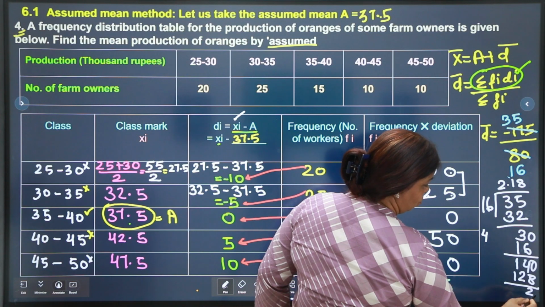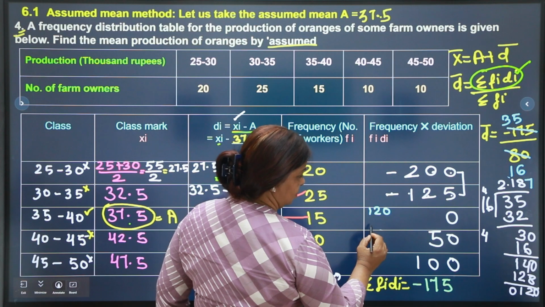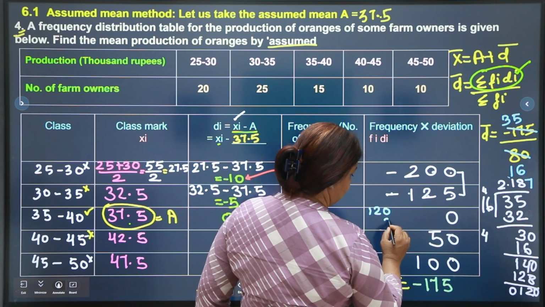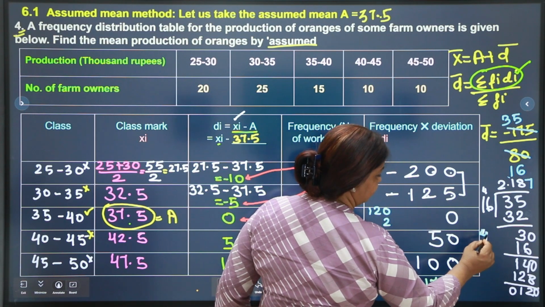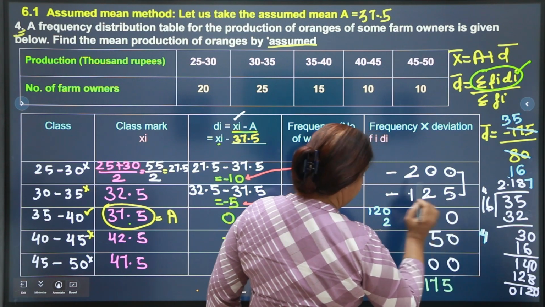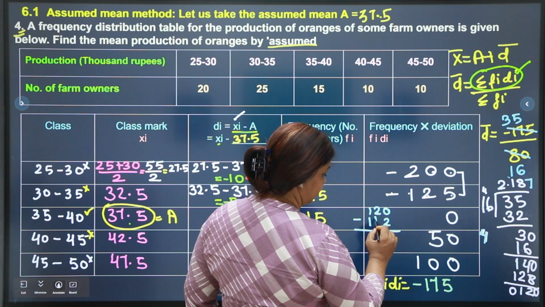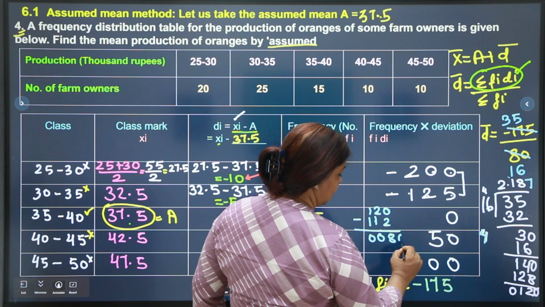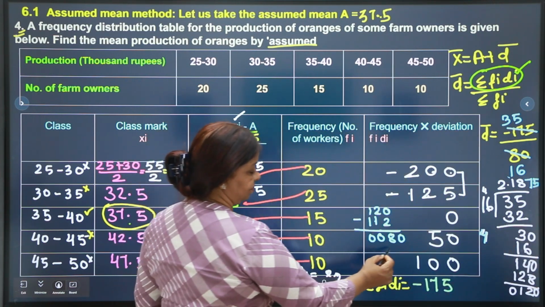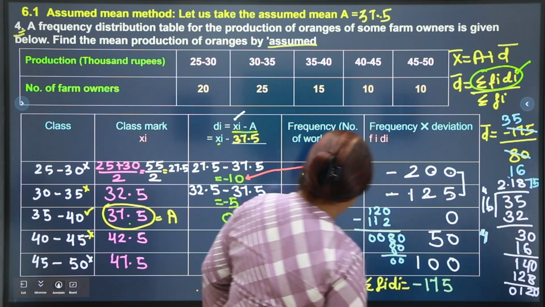Minus 2, 1. 16 7s are, 6 7s are 42, carry 4, 7 1s are 7, 7 plus 4 11, 1 1 2 minus 8, 0 0, increase 0. 16 5s are 80. So 2.1875.